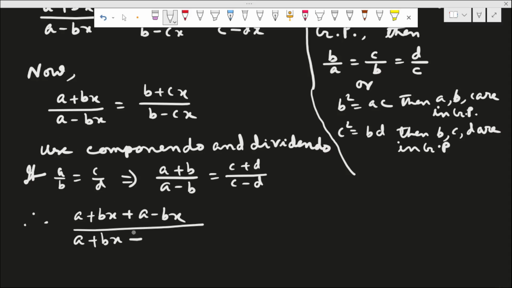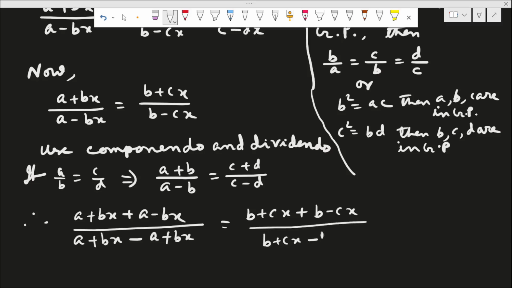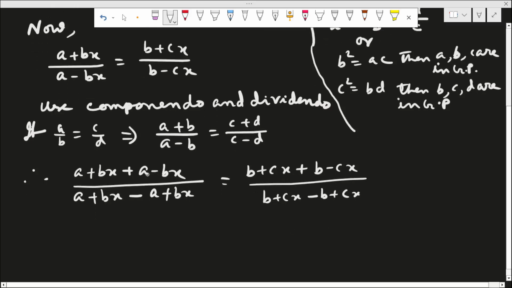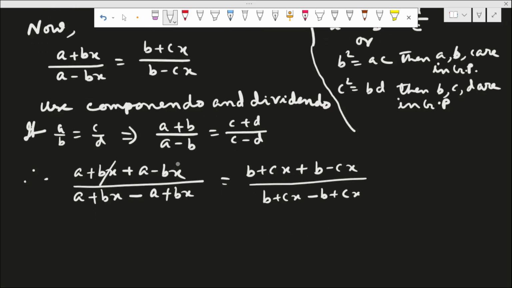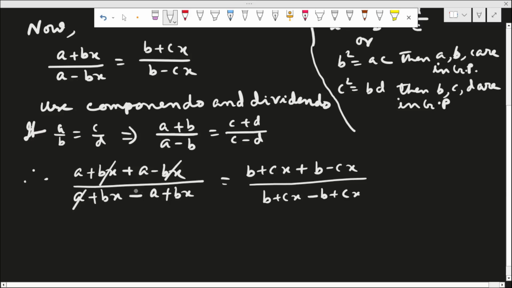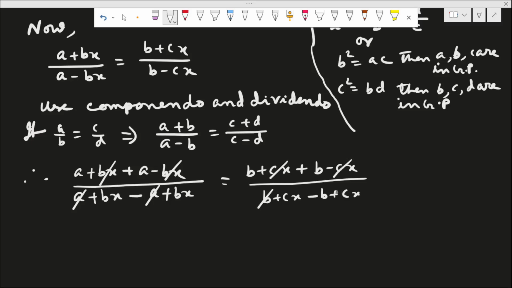So change the signs, minus A plus Bx. Similarly, right hand side doing. Now see from numerator, plus Bx minus Bx, plus A minus A. Right hand side, plus Cx minus Cx, plus B.